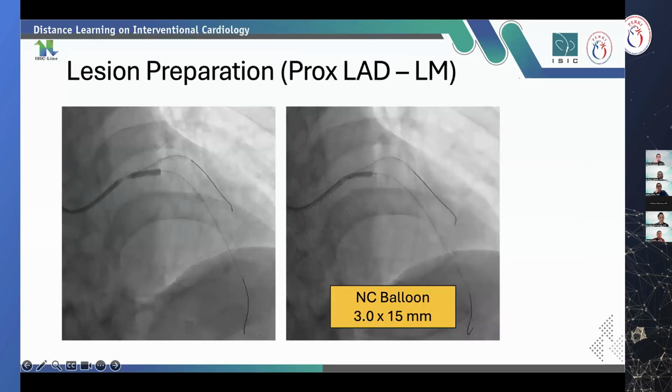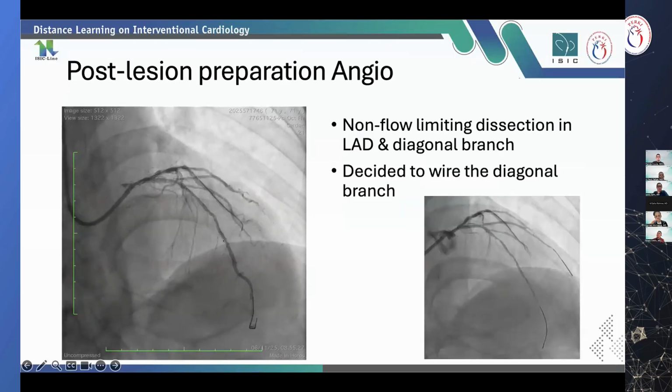Please share. Then, as we saw the lesion morphology in the left main to proximal LAD, it mainly consisted of fibrolipidic lesions. We started with predilatation with an NC balloon 3.0 by 15 millimeters along the LAD to left main.